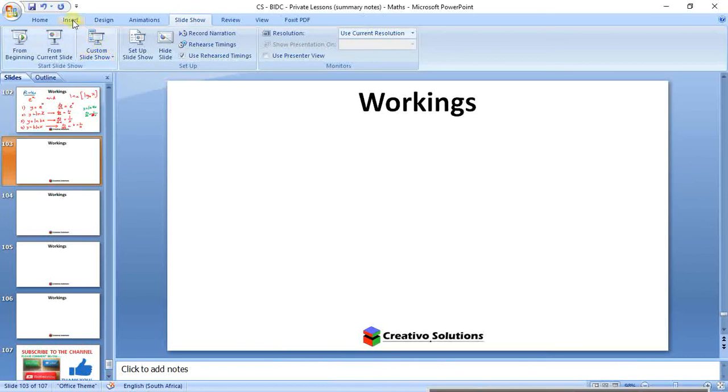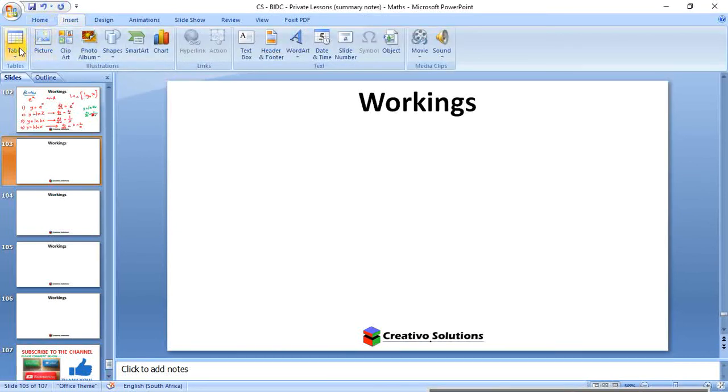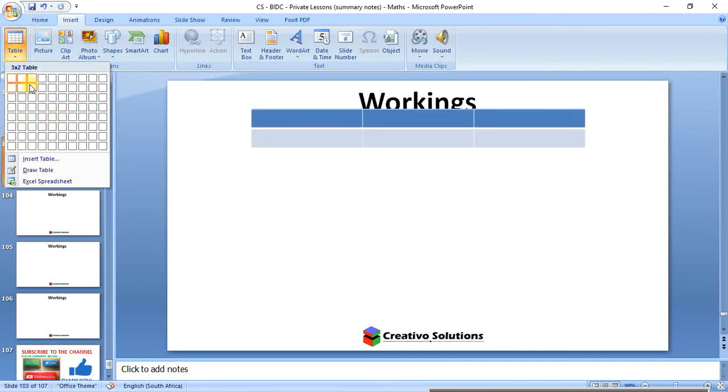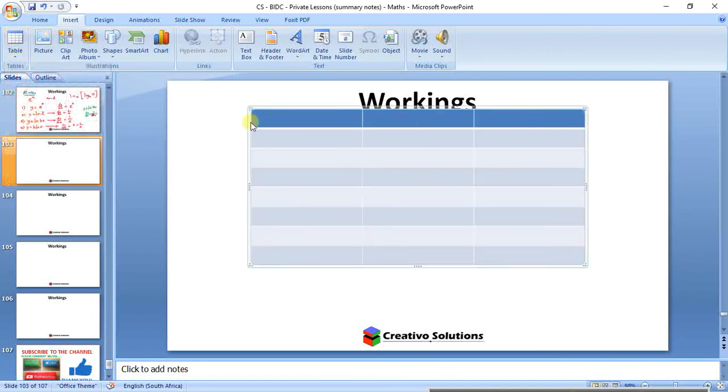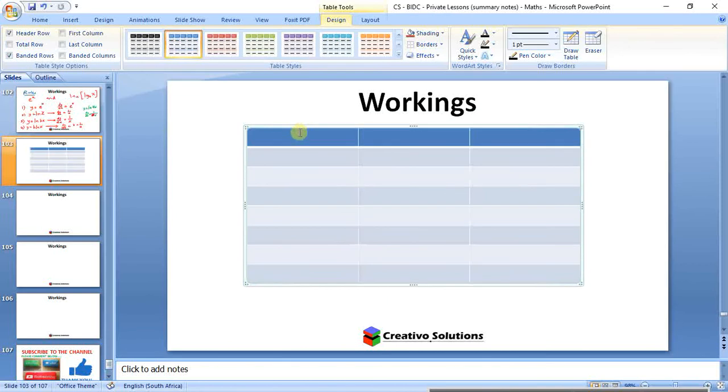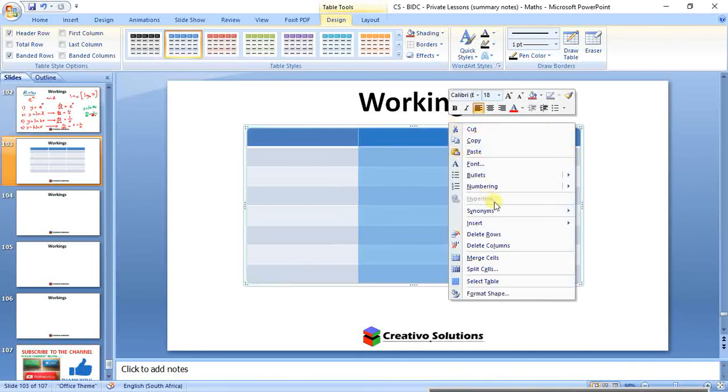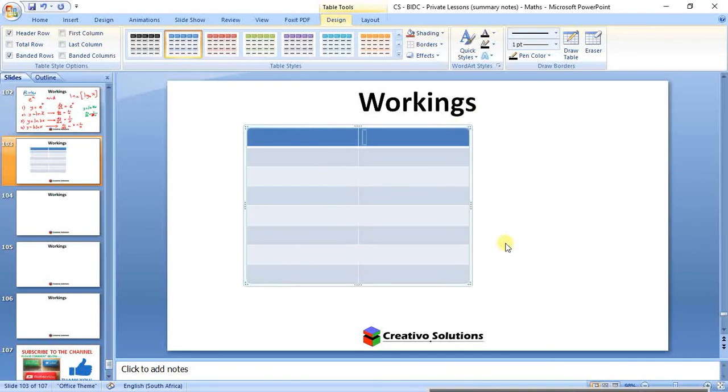Let's draw a nice table, and let's show the last bit, and we're done. Function, derivative.